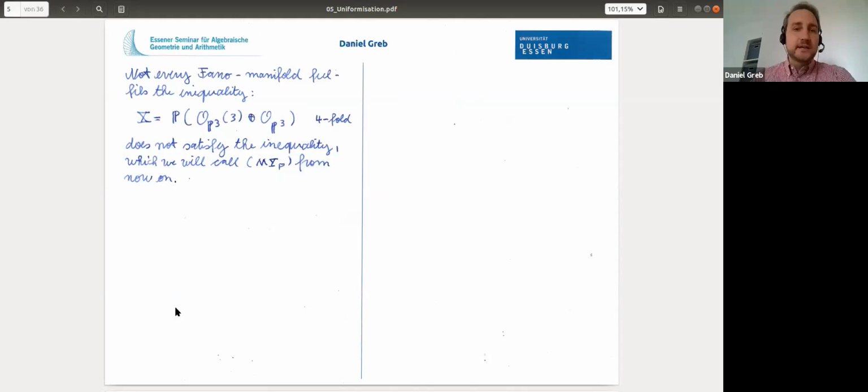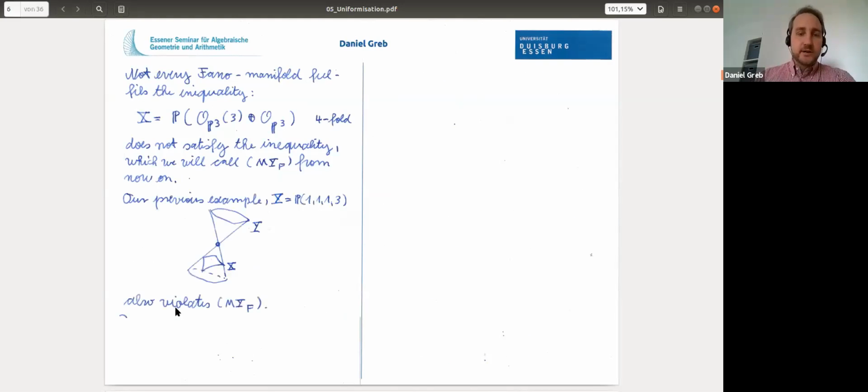So this violates the inequality, and also our nice previous example I gave. This time it's about the total ambient space. So Y, the weighted projective space with weights 1, 1, 1, 3, or equivalently the cone over a degree 3 Segre embedding of P2. Also, it's a Q-Fano, but it violates this Miyaoka-Yau.